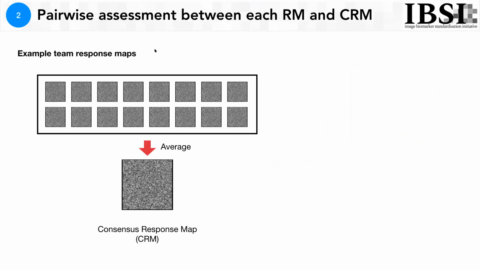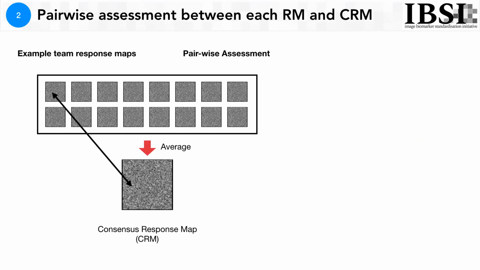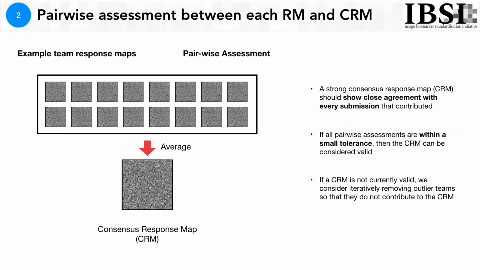So that's where we're also utilizing a pairwise assessment between each response map and the consensus response map. So essentially pairwise, of course, we're just taking the average result and looking at the difference between each team and the average result. The idea being that the closer each team is in agreement to the consensus response map, the better.